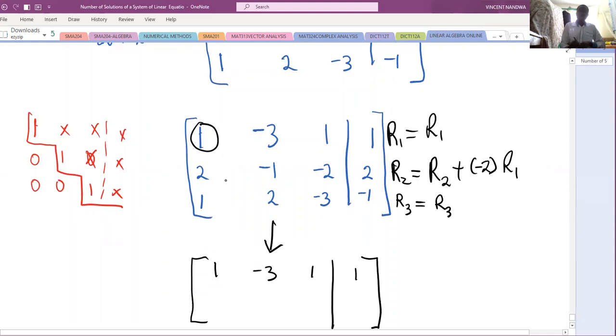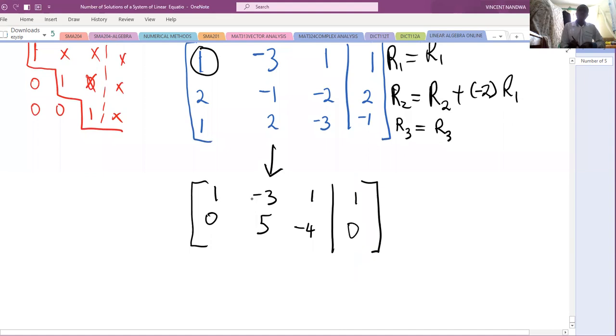And then 2 plus -2 times 1 is 0. -1 plus -2 times -3, that's -1 plus 6, that is 5. -2 plus -2, that's -4. And then 2 plus -2, that is 0. And then this will be 1, 2, -3, -1.